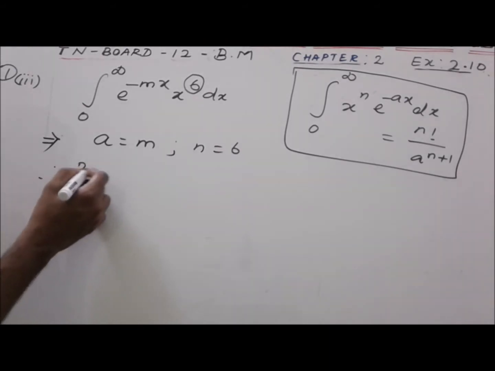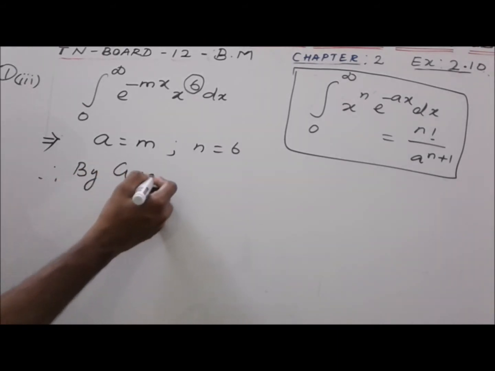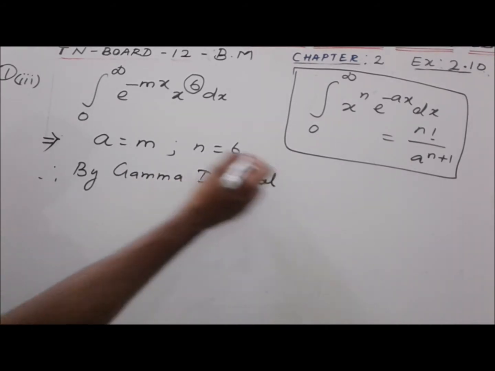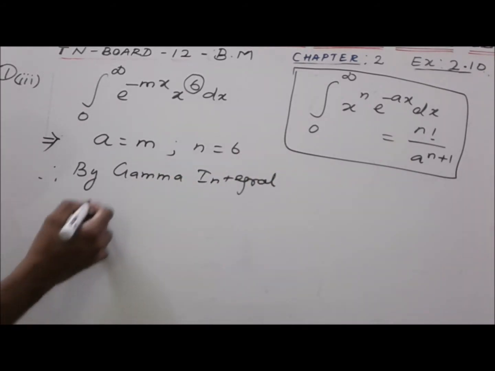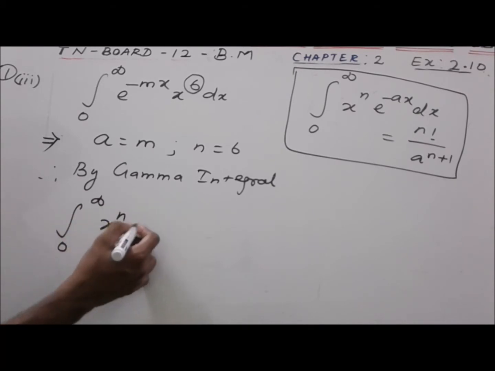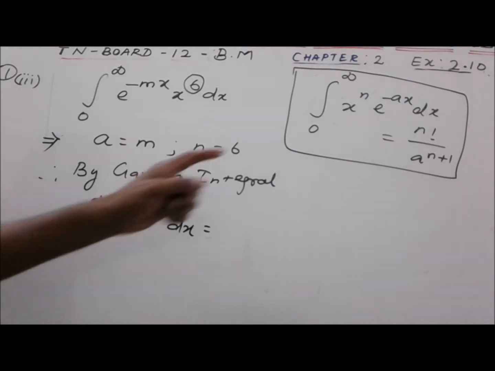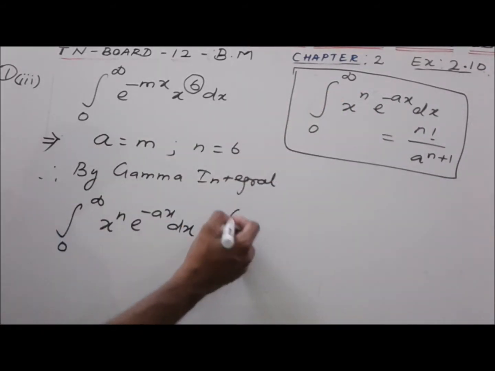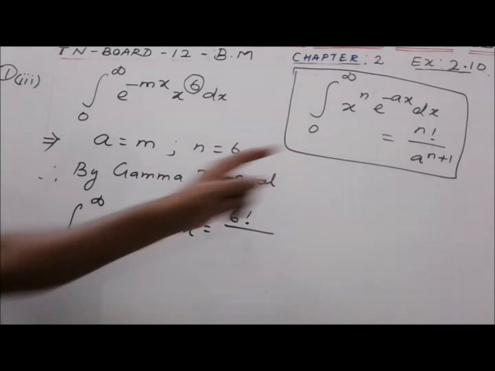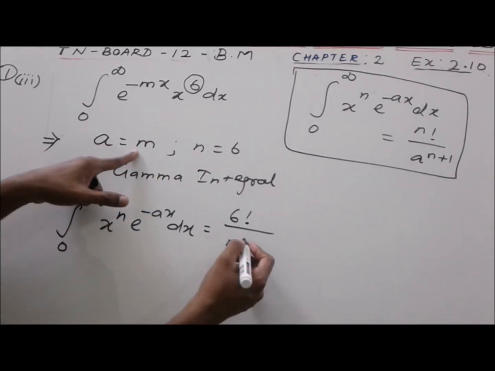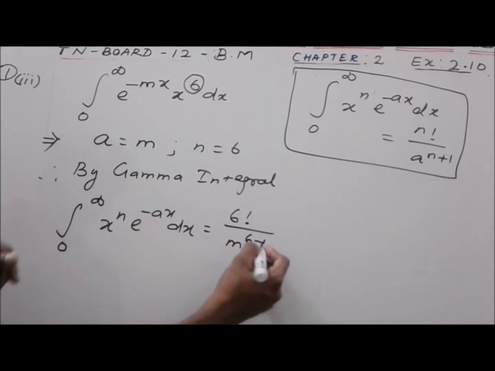Therefore, by the gamma integral, integral 0 to infinity x to the power n e power minus ax dx is equal to n factorial, 6 factorial, divided by a power n plus 1. A is m, and n plus 1 means 6 plus 1.